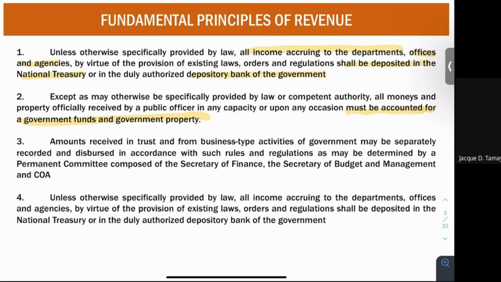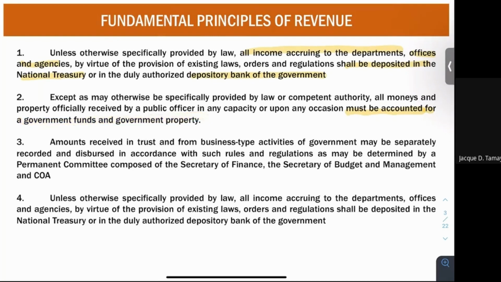So before, we call this one as with authority to use and without authority to use. When we say with authority to use, the agency is authorized to use the income for their operations.